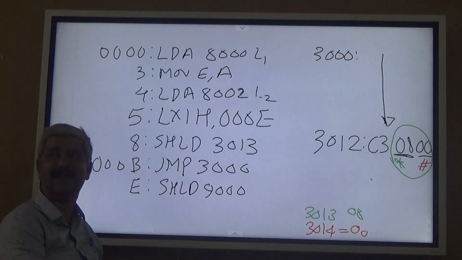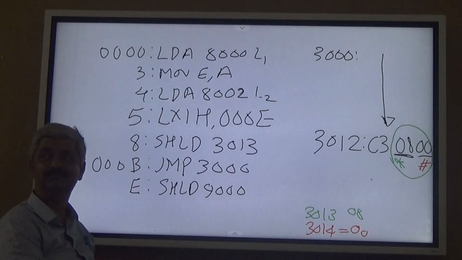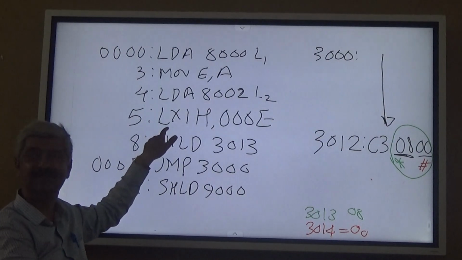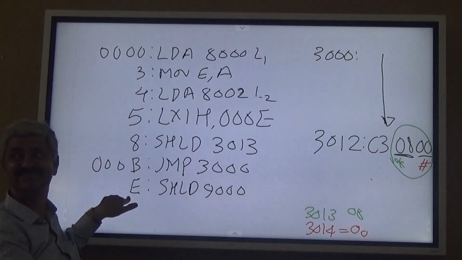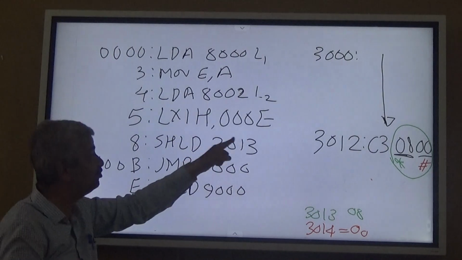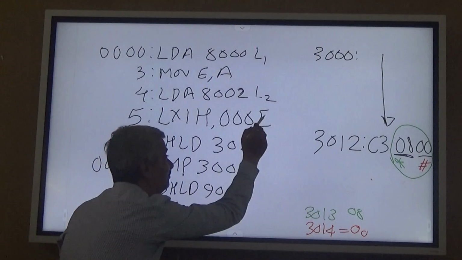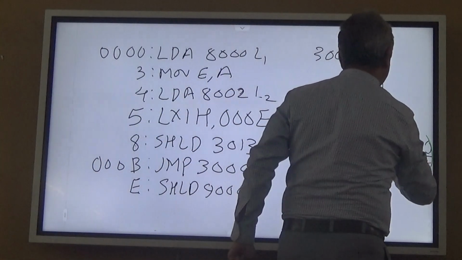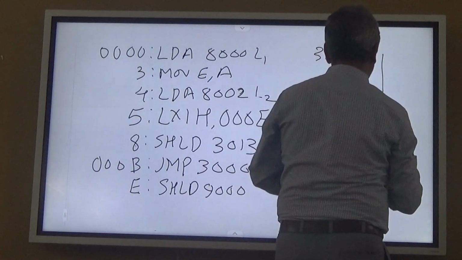From there I want to come back. So what I will do, LXI H 000E is this. That I will store at this instruction. The instruction मी लिहिताना प्रोग्राम लिहिता अशी लिहिणार.